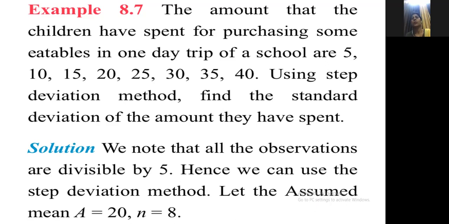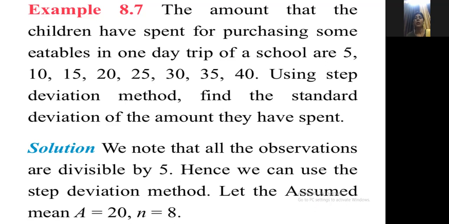Hence, we can use the step deviation method here. For the assumed mean, we take the middle value of this data. The values are 5, 10, 15, and so on, 8 values in total, so the middle has 4 values on the left and 4 on the right.